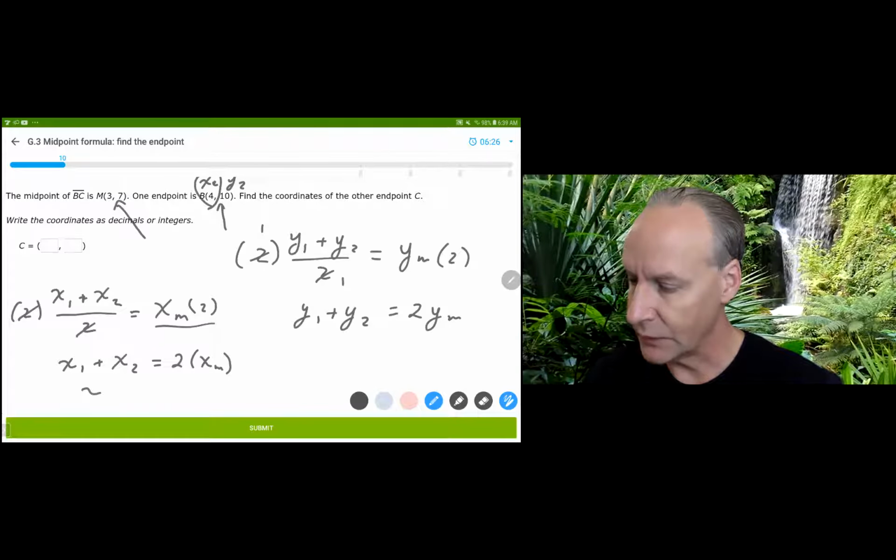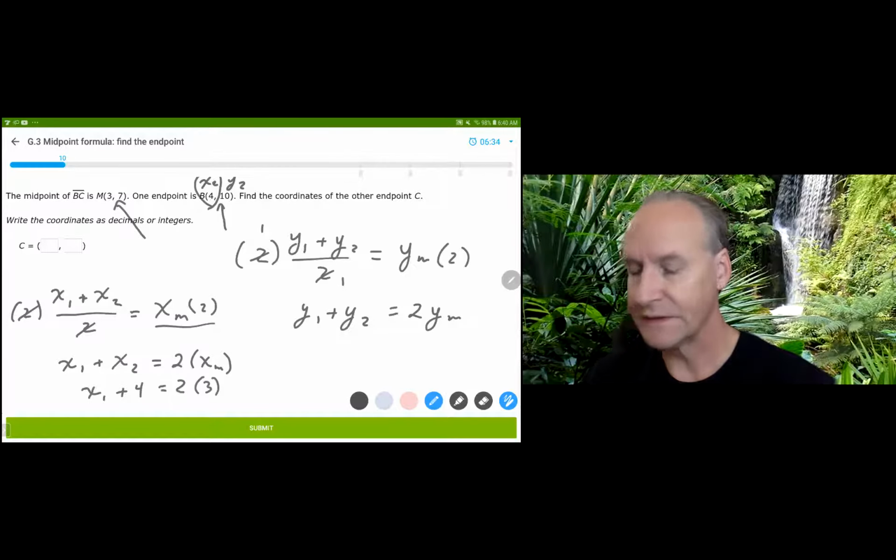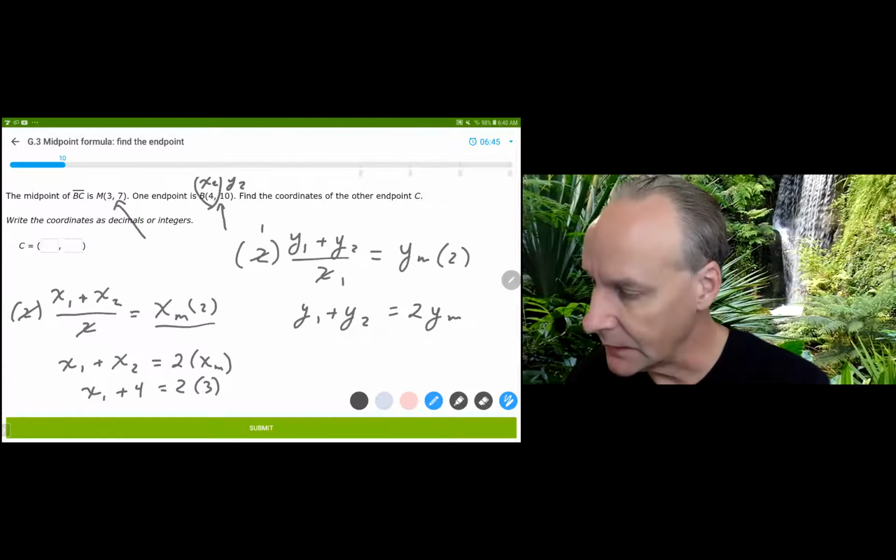And I have x1 plus 4 is equal to 2 times the midpoint x, which is 2 times 3. Well, we can see that 6 minus 4 is 2, so my x value is 2. In this other part, I've got y2, which is 10.